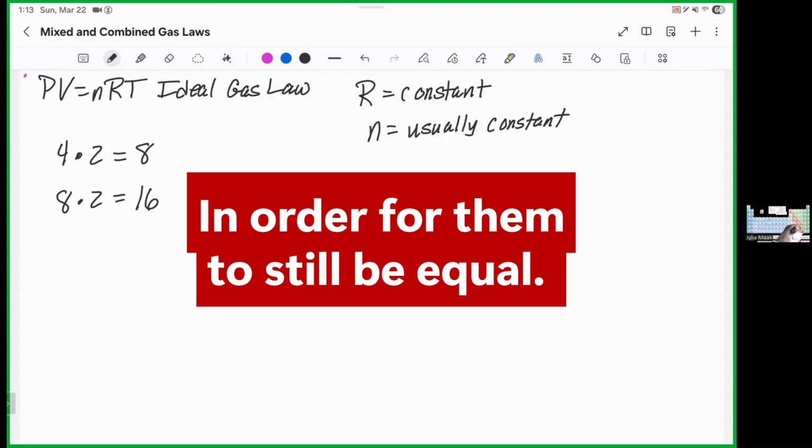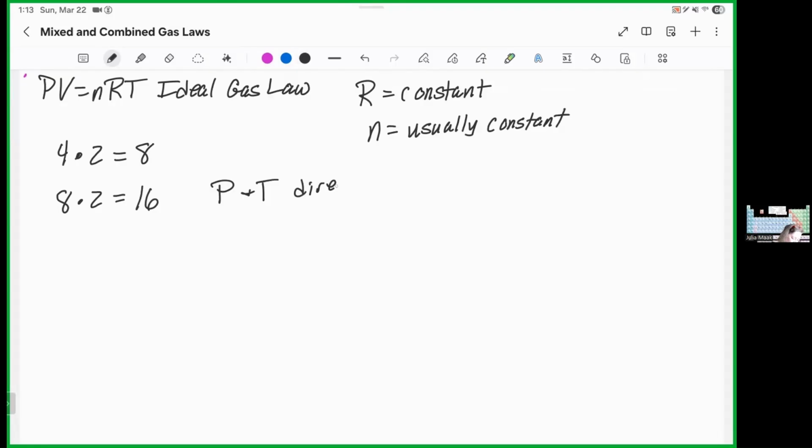Pressure and temperature are what we call directly proportional because they are on opposite sides of the equal sign. If one goes up, the other one has to go up. If one goes down, the other one goes down by the same amount. Directly proportional. I doubled my pressure, I doubled my temperature, keeping my volume constant.